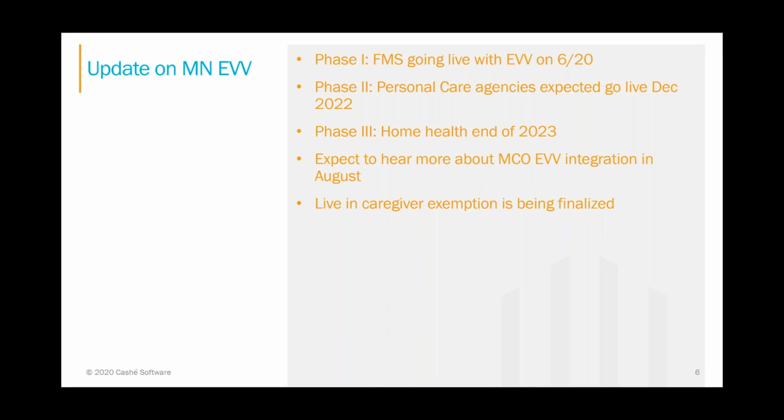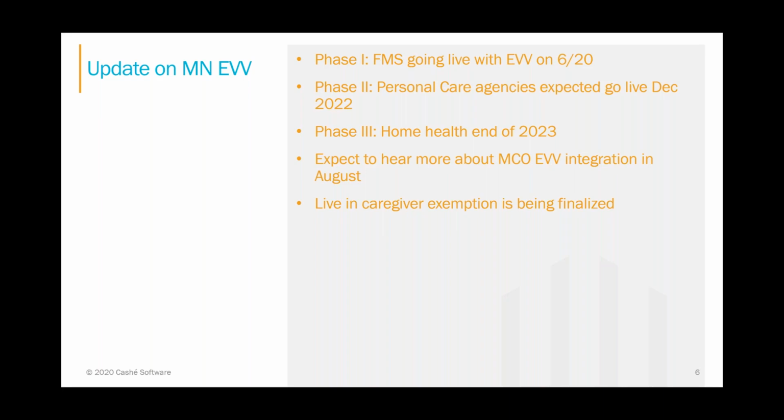One of the things that DHS is mulling around right now is a live-in caregiver exemption, and there's been conversation about it. They have circulated some communication with FMS agencies getting their feedback, and that live-in caregiver exemption is being finalized. The live-in caregiver exemption is essentially, for example, a mother providing care for a son, and they live in the same household.